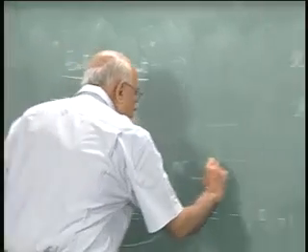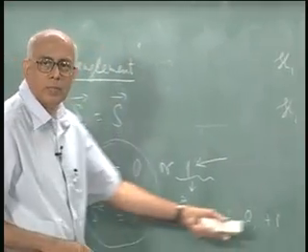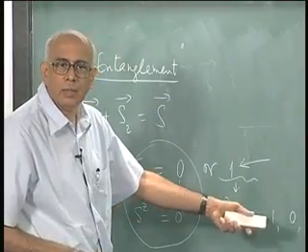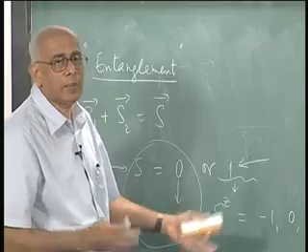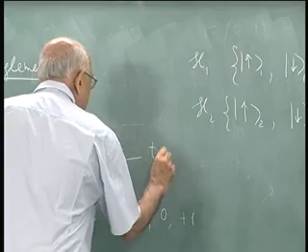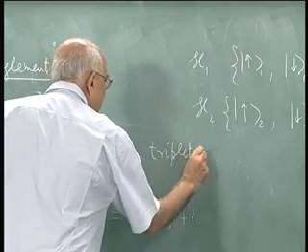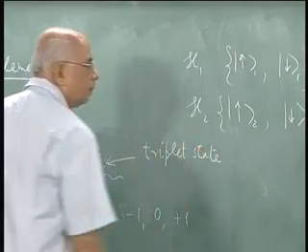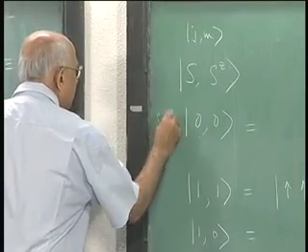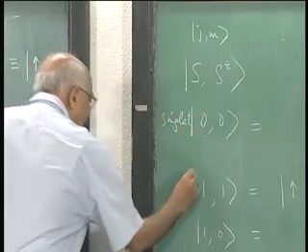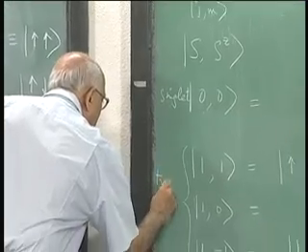On the other hand, S equal to 1 has 3 possible states associated with it. And therefore what would you call this? The triplet state. This is called the triplet state. So this is the singlet and these 3 fellows together form the triplet.